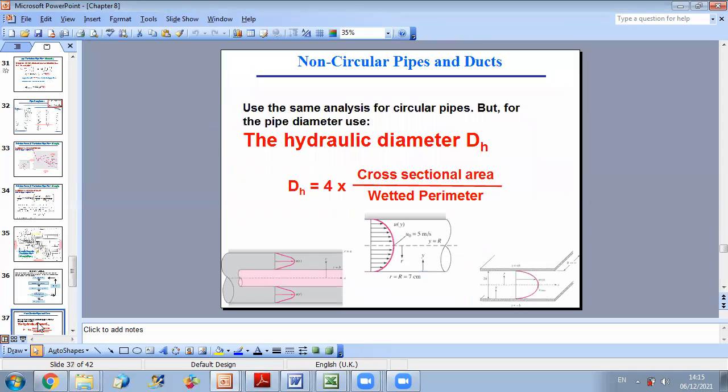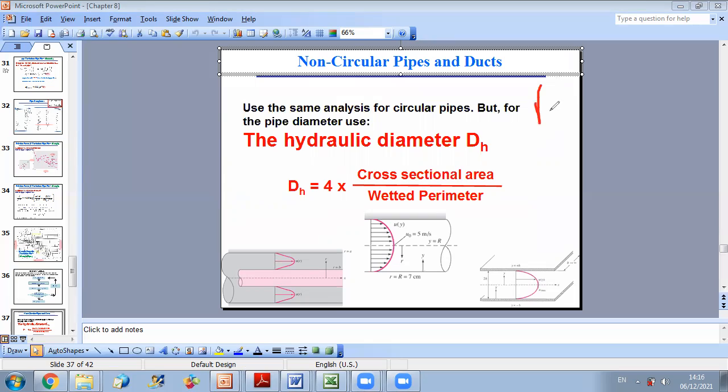Now, what if the duct is not circular? We said that the Moody diagram is developed for circular ducts. We have shown by experimental studies that the Moody diagram can also be extended to non-circular pipes and ducts. All we have to do is replace the diameter in the Reynolds number.